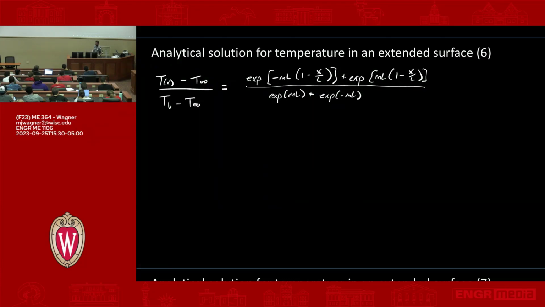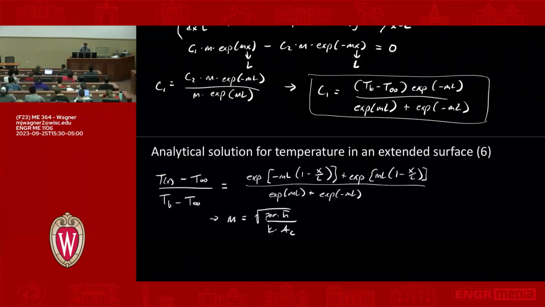Okay, so what is this M thing? M is part of this fin parameter, or fin coefficient. For this problem, M equals the square root of perimeter times h bar over k times A_C. It comes directly out of the solution from before.